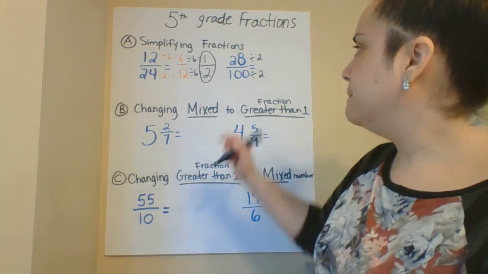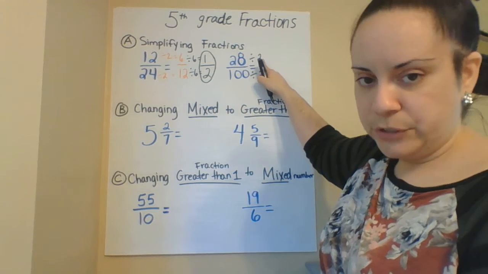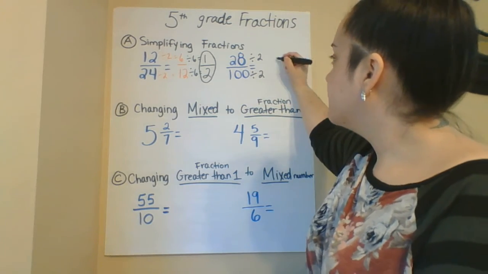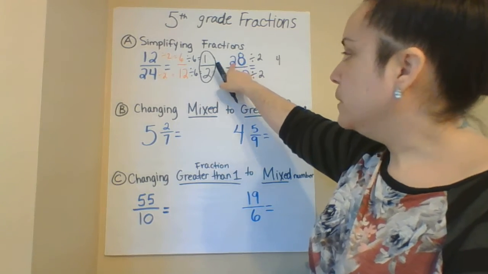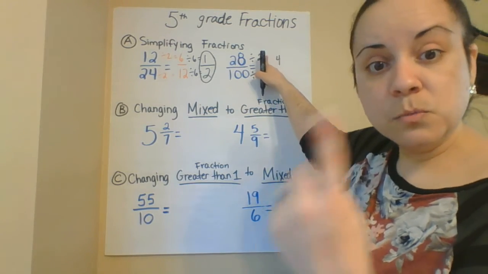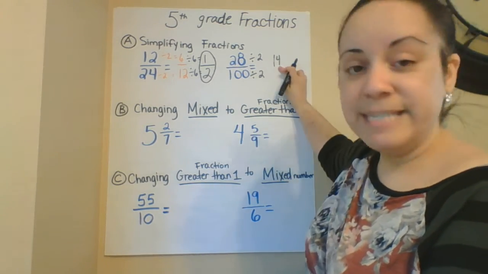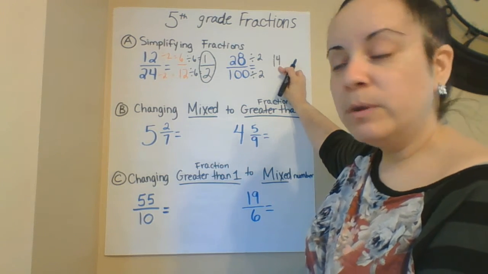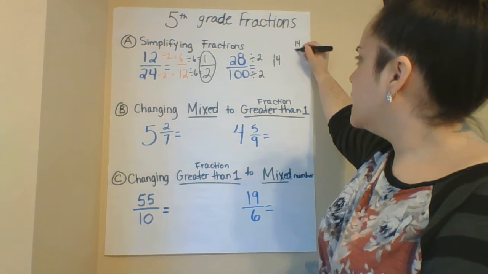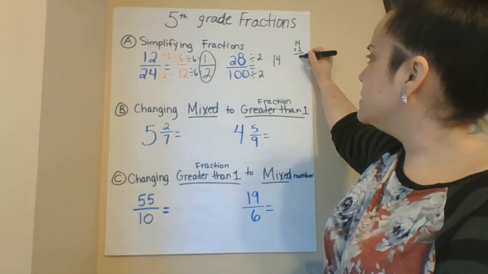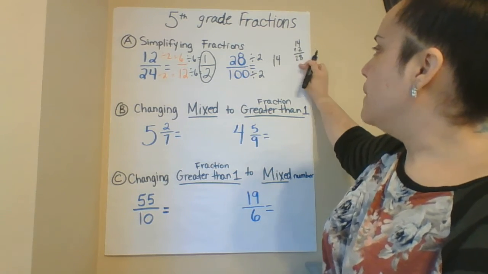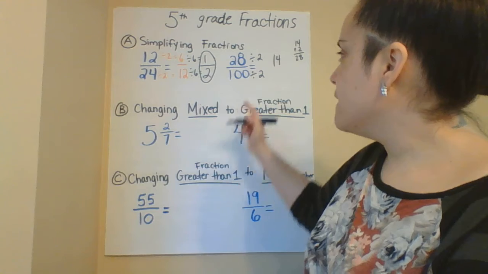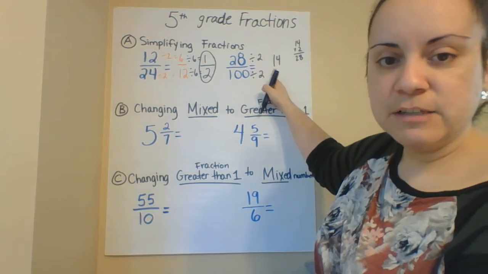So let's see. 8 divided by 2 is 4. 2 divided by 2 is 1. 14. What's 14 times 2? 4 times 2 is 8. 2 times 2. Oh, that worked. Perfect. All right. 28 divided by 2 is 14.